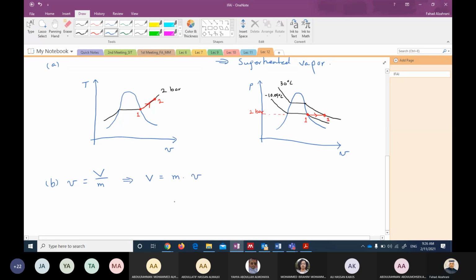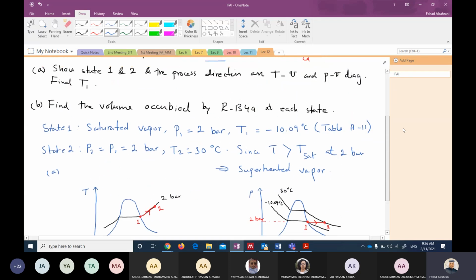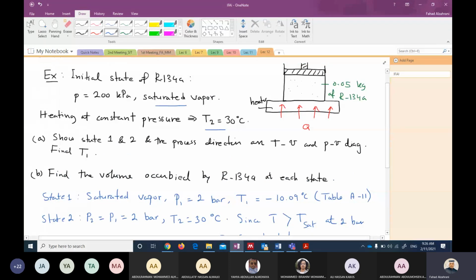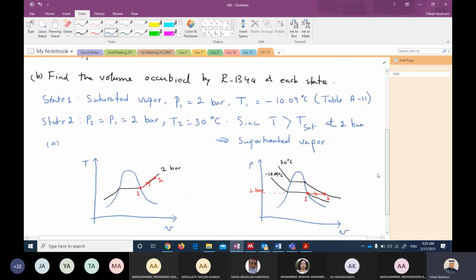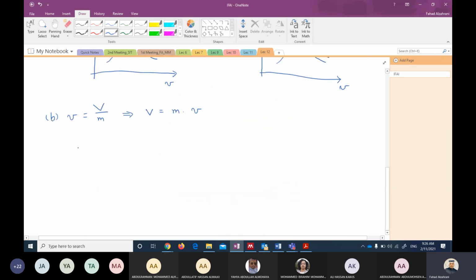So what do I need to find? I need to find the specific volume at each state. If I find the specific volume at each state and I know the mass of the refrigerant, which is given here, then you can simply multiply the mass times the specific volume at each state and then you finally find the volume.